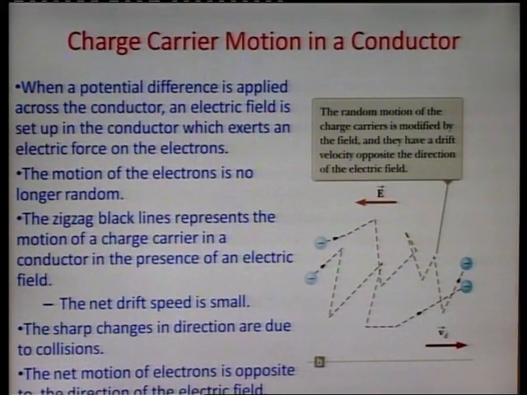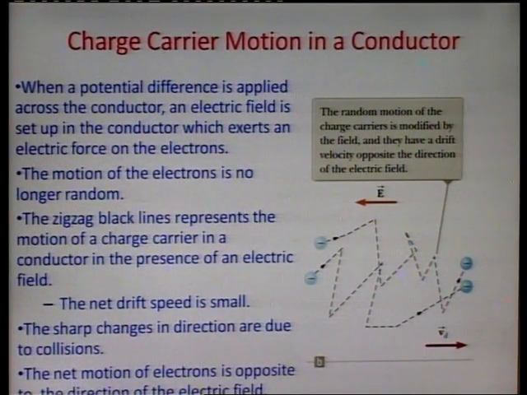Now, you apply a potential difference across the conductor. What happens is electric field is set up in the conductor. This electric field exerts an electric force on the electron. What is electric field? Force per unit charge. So, when electric field is set up, the electrons experience electric force.